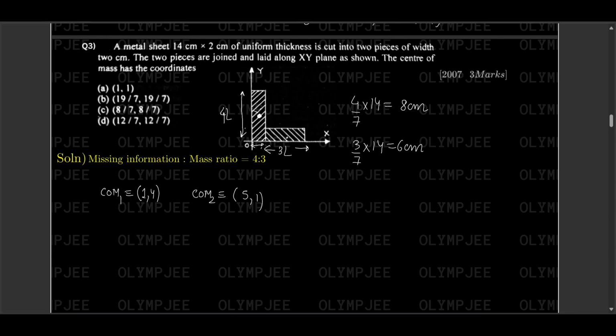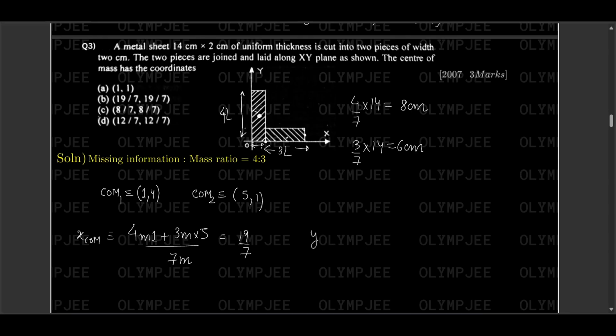Since after 2, there should be an increment of 3 because the total length is 6, so 2 plus 3 is 5, and the width is 2, so at the center the y coordinate will be 1. Now we can find the center of mass. This part has mass 4m. So the x coordinate of center of mass will be 4m multiplied by 1 plus 3m multiplied by 5, divided by 7m, which gives us 15 plus 4, 19 by 7.